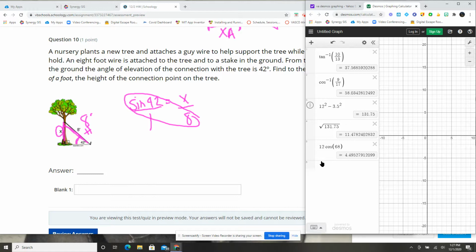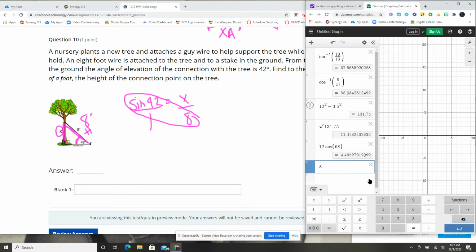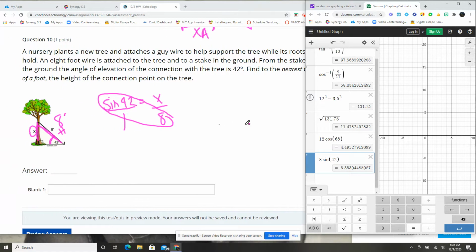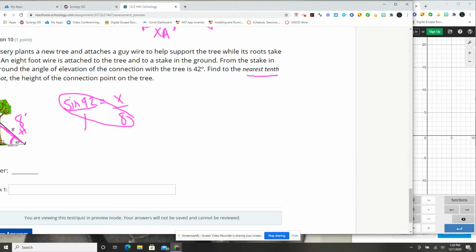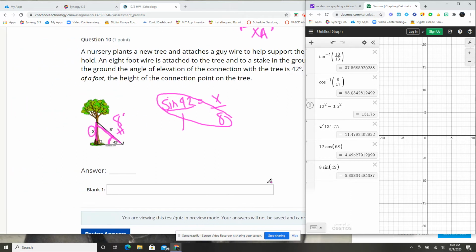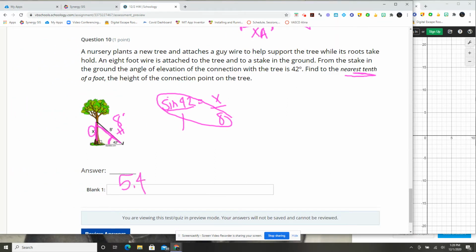Sine 42 times 8, or 8 times the sine of 42. 5.35. And does it say find to the nearest tenth of a foot? So that's going to be 5.4. 5.4 feet.